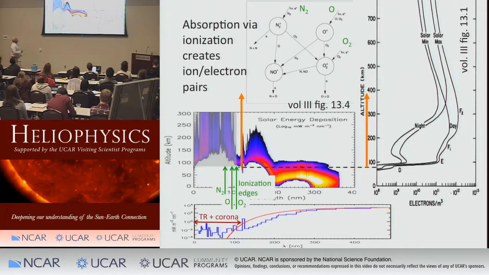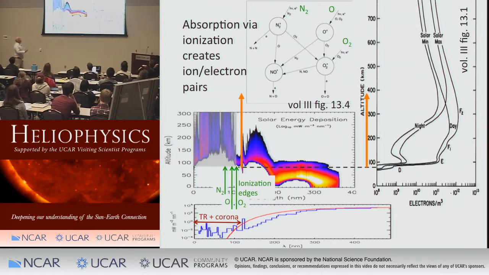It basically knocks off an electron. So here's a nice little chemistry diagram. I don't do chemistry, so I don't fully understand this. But essentially, this is an oxygen molecule being ionized and creating an oxygen molecule with a positive charge, so it's giving up an electron. And there's the nitrogen molecule being ionized. There's an oxygen atom all by itself.